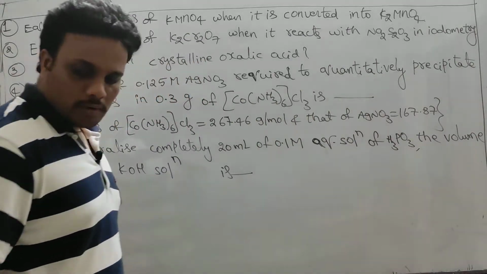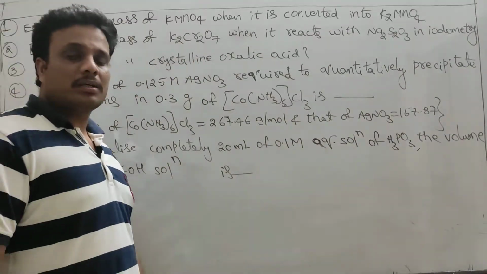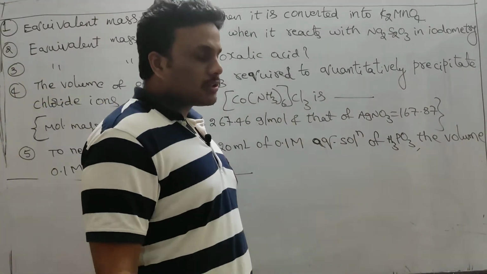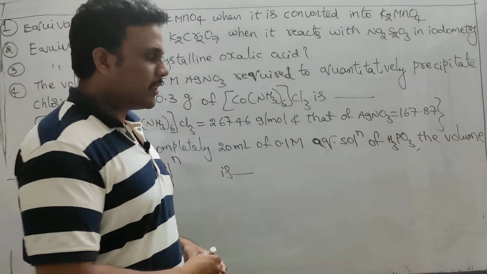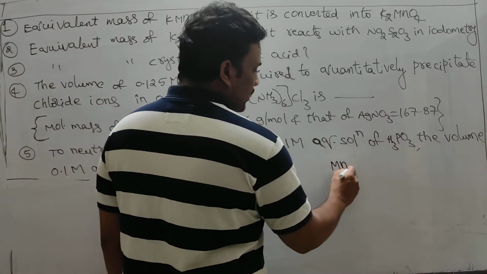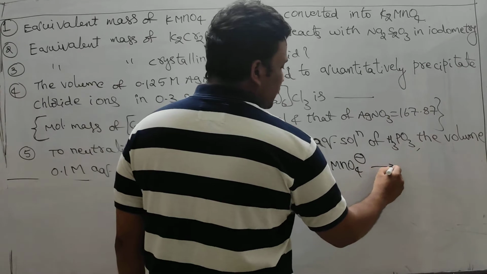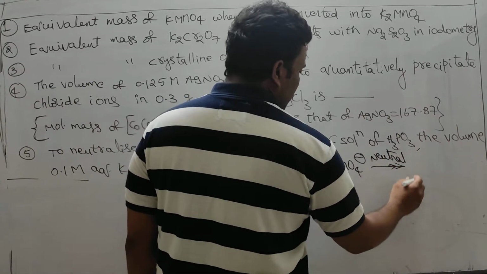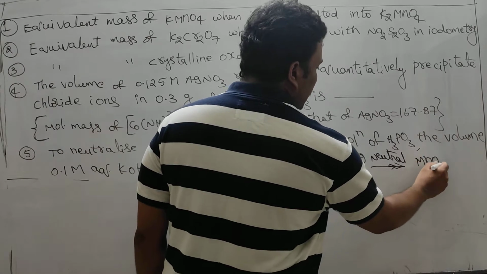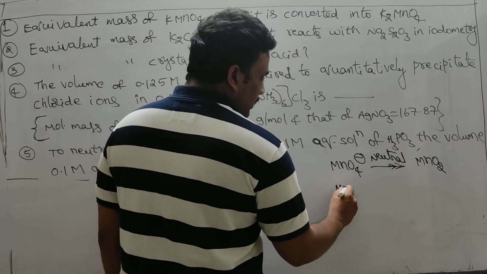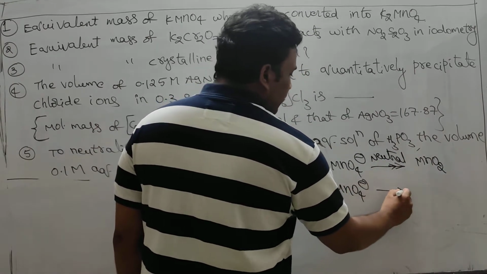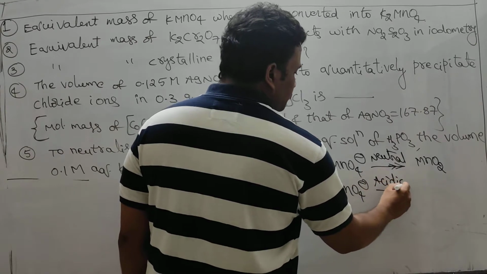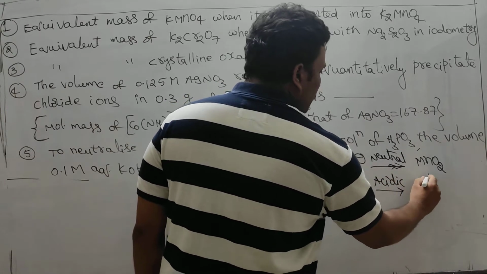But we all know that permanganate acts as the oxidizing agent in 3 different media. In neutral medium, also called faintly alkaline medium, it is converted into MnO2. In acidic medium, permanganate is converted into Mn+2.